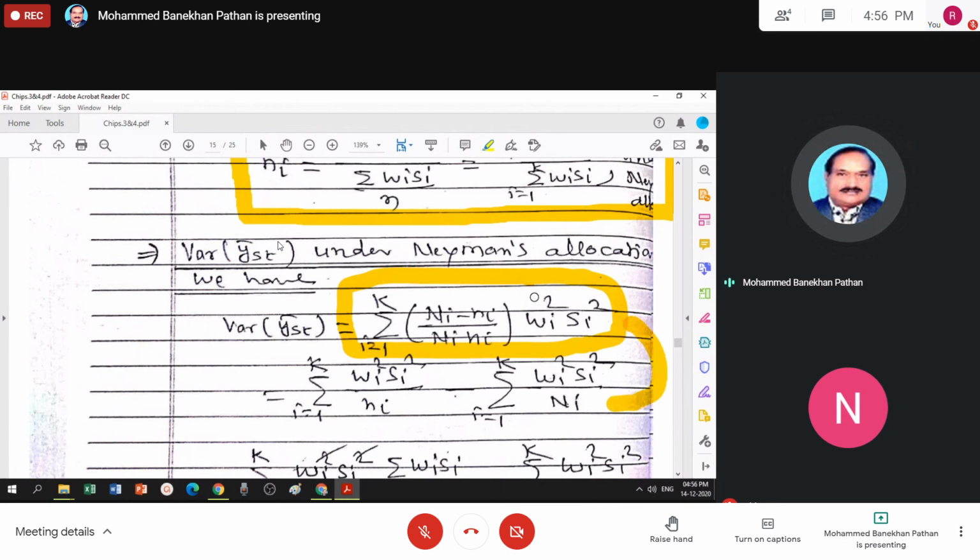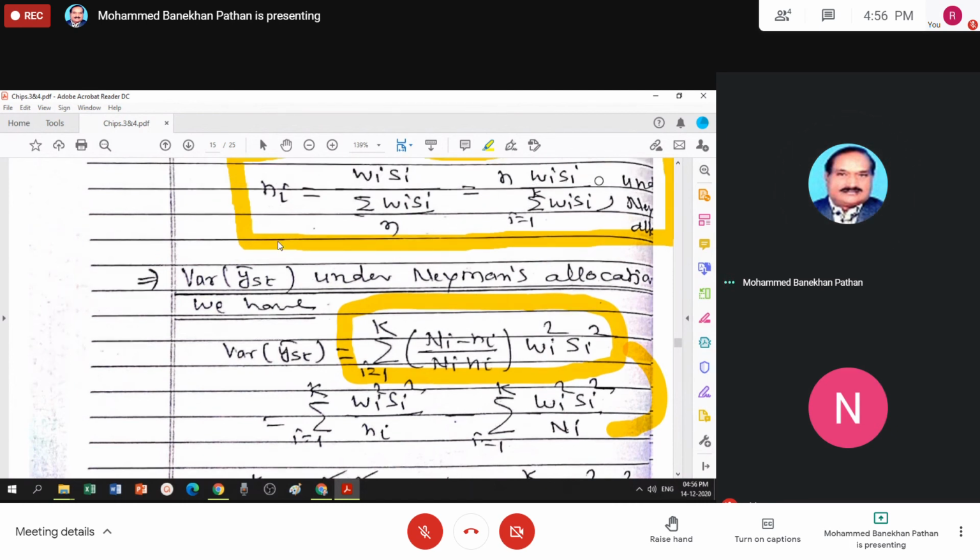Summation wi square si square upon small ni, just now I explained to you, minus summation wi square si square upon capital Ni. The reason behind this is, now we want to replace the formula of Ni in place of Ni. That will be the answer, variance of y bar st under Neyman.